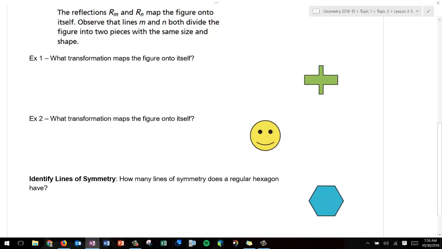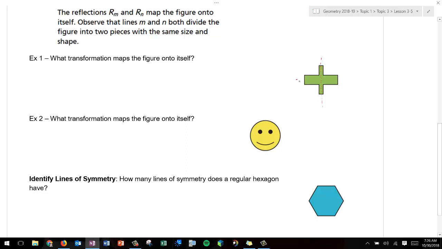So it says, would a transformation map the figure onto itself. When they're asking that with a focus on symmetry, they want to know, can you draw in a line that causes the figure to be symmetric? If I look closely at this green figure here, if I were to draw a dotted line right down the middle vertically, the left and the right hand side would be exactly the same.